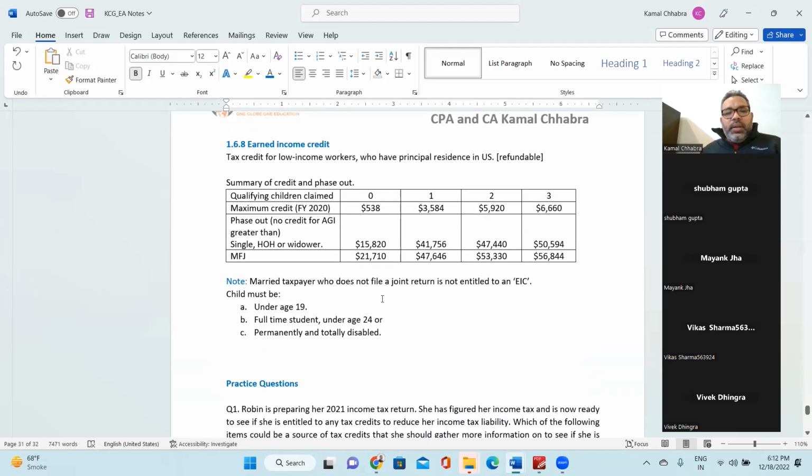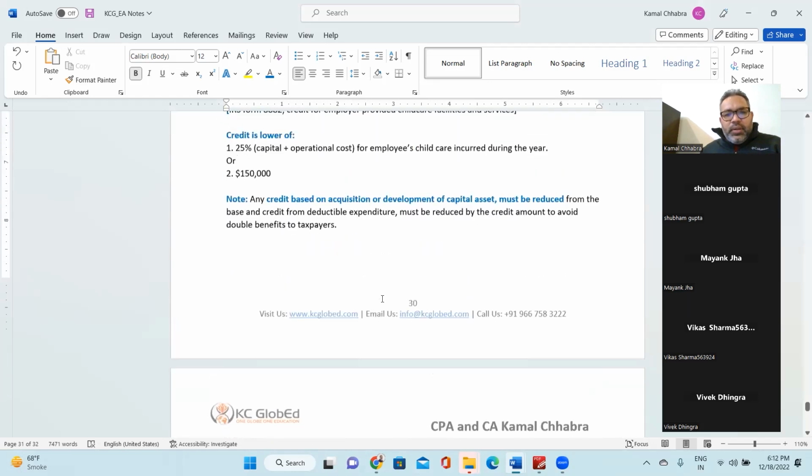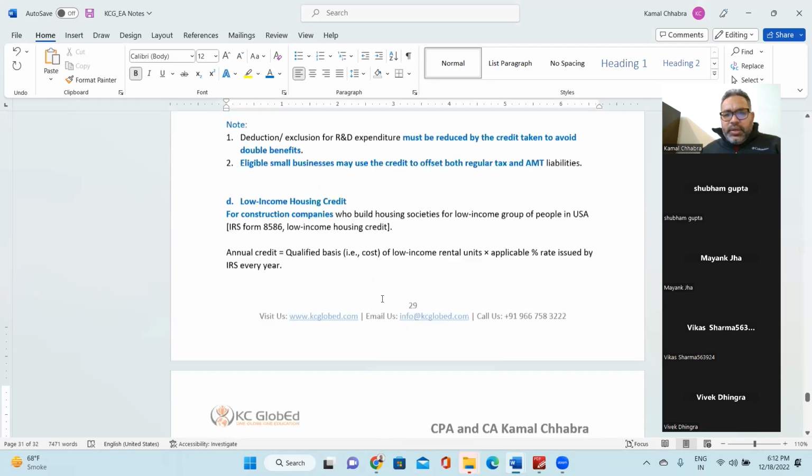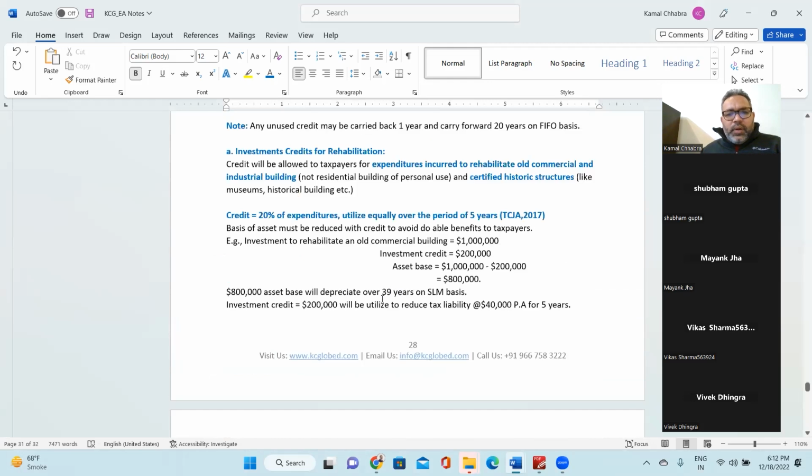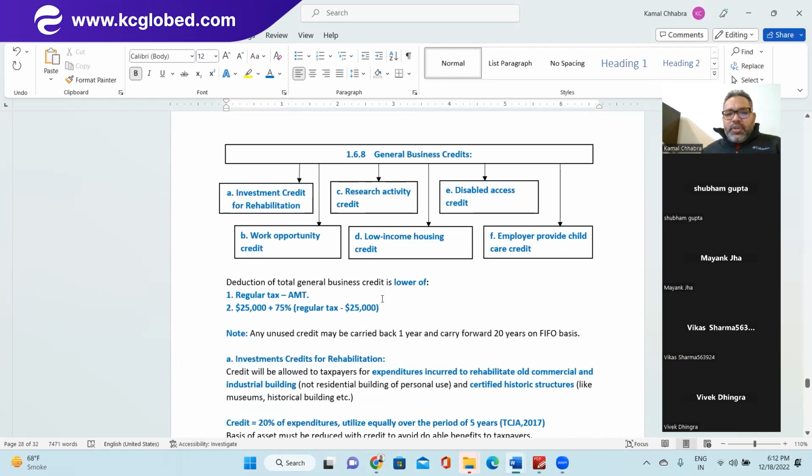Last one is earned income credit. So we are done with the general business credit. If you've seen, we have covered all 6 categories. Investment credit for rehabilitation is for capital expenditure on a commercial, industrial, or historical building. Work opportunity credit is when you give work opportunity to underprivileged people. Research activity credit is when you do research and innovation more than the previous year.